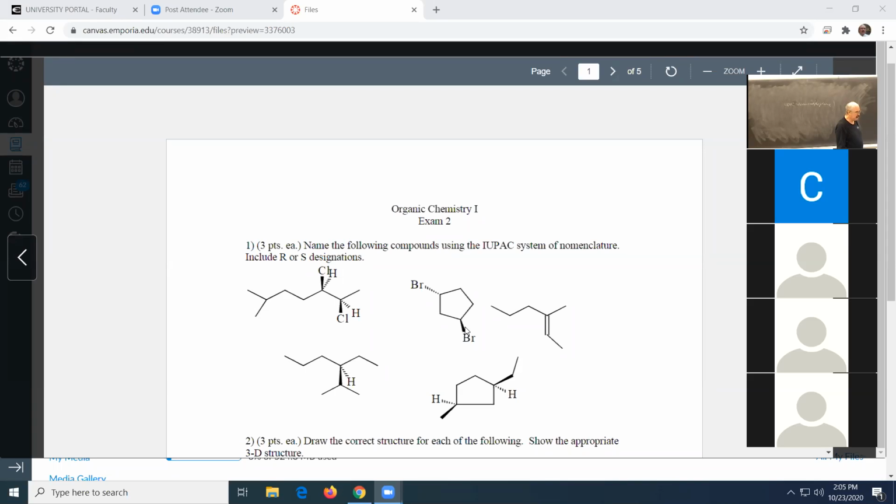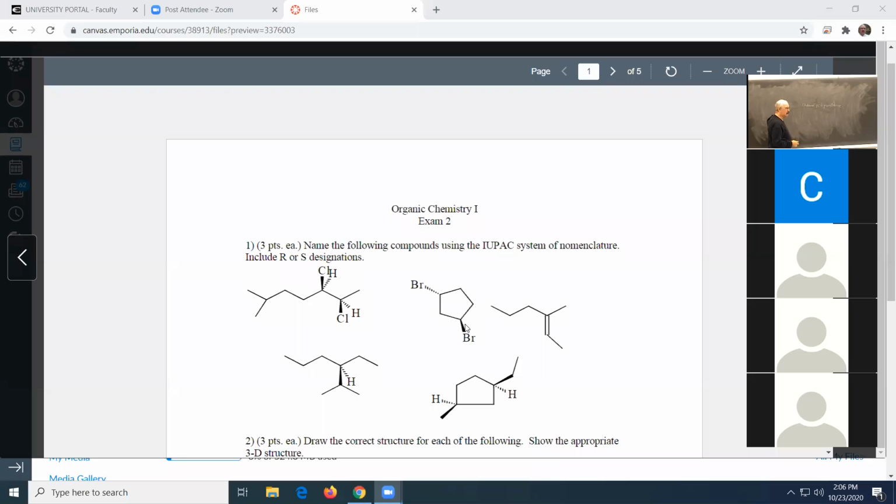All right, moving over to the next one. This is cyclopentane, and it's 1,3-dibromo. I would accept trans on this.